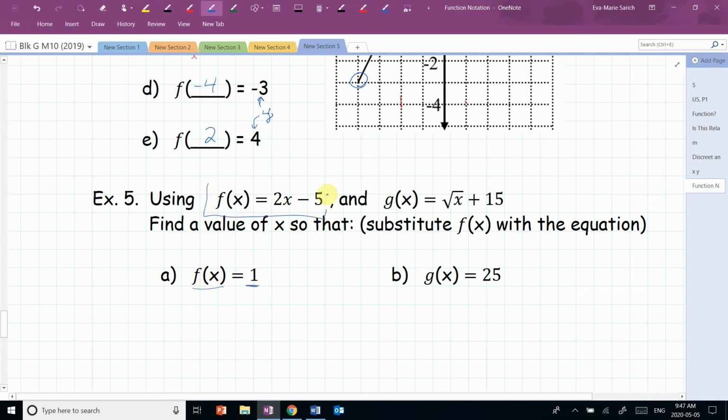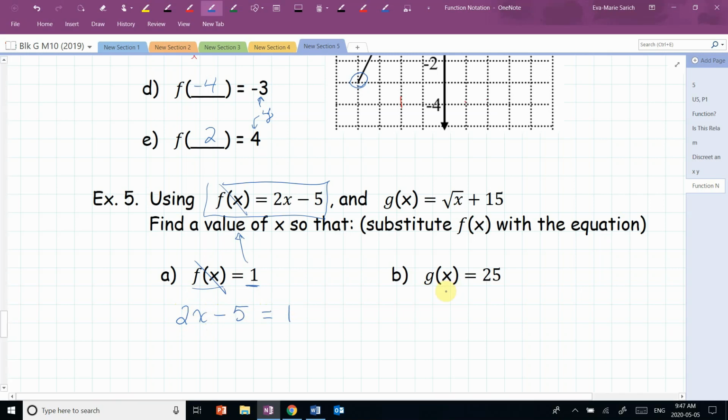So here's f of x. All we're going to do is take out the f of x and put in that value 1. So that means that the equation 2x minus 5 is now going to equal 1 instead of f of x. Okay? We'll solve that in a minute, but let's try this again.